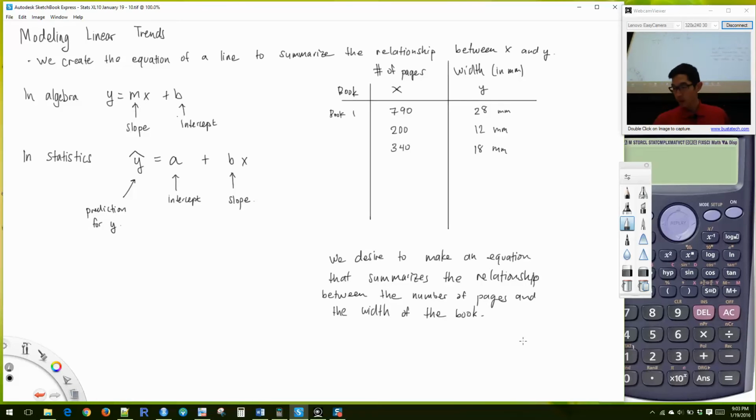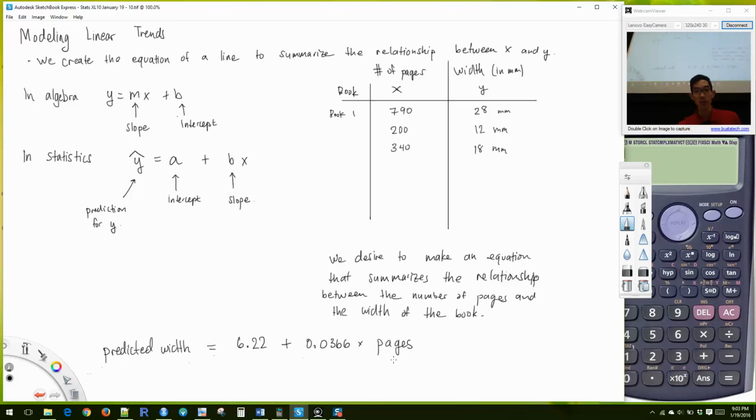Okay, and so what we can do, in this form of our prediction, we can say the predicted width is equal to 6.22 plus 0.0366 times the pages.